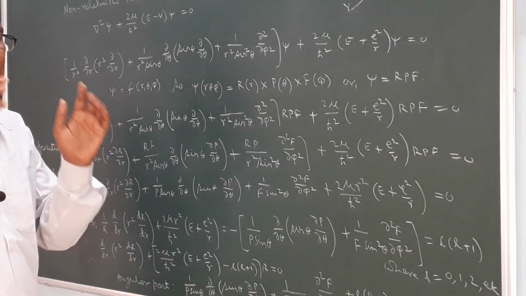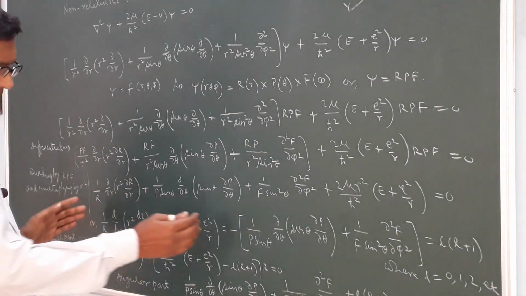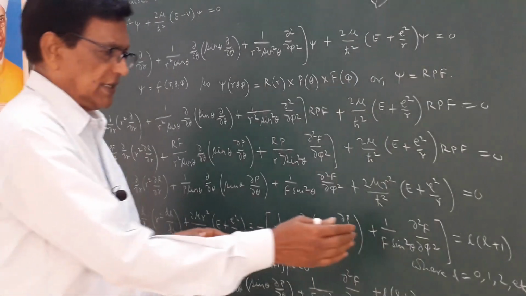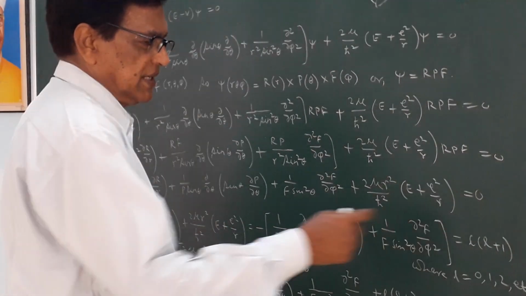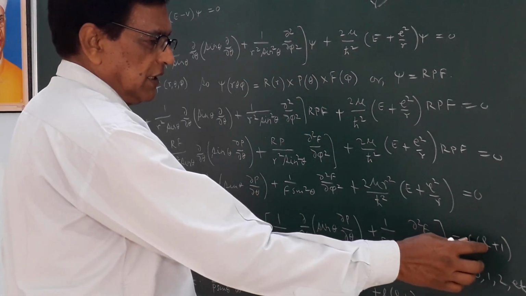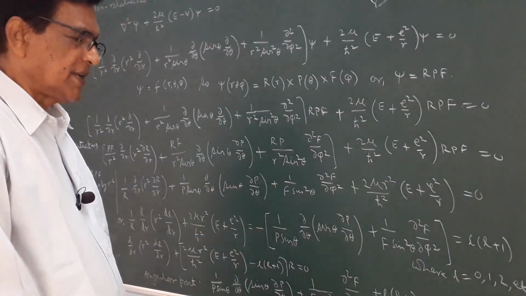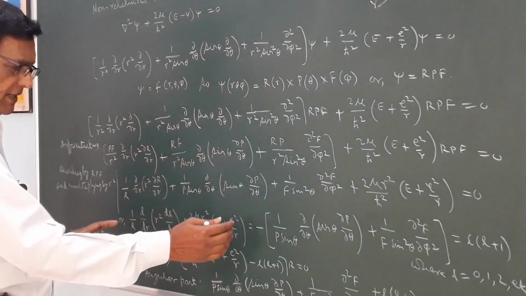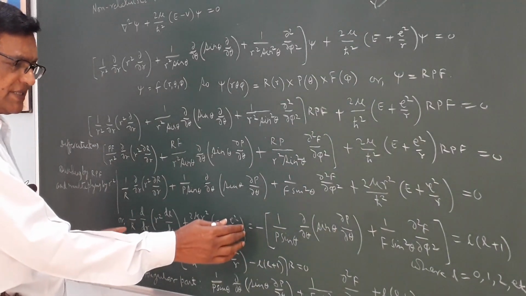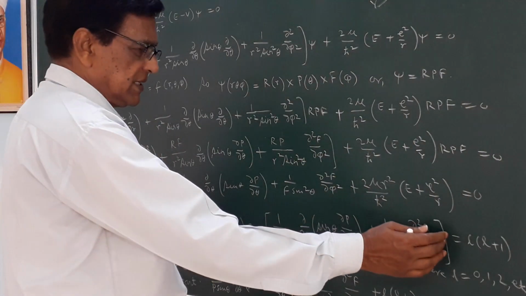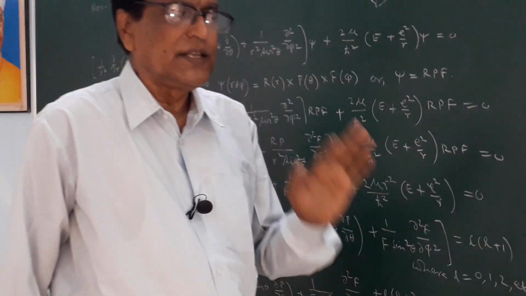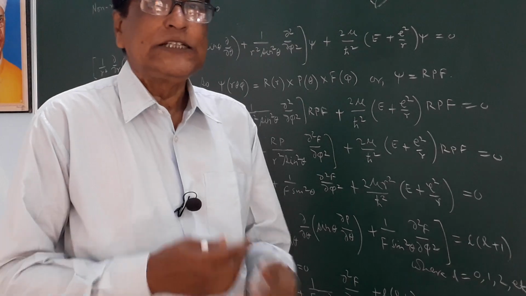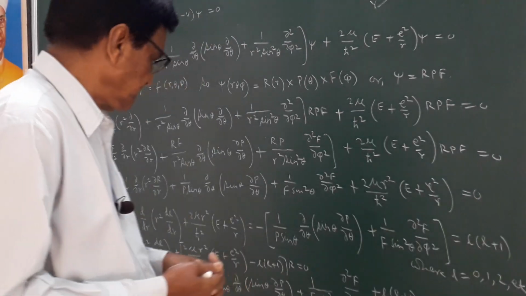This is possible mathematically only when each side of this equation is a constant, and this constant is L into L plus 1, and L is a number. You can see this left-hand side is dimensionless, the right-hand side is also dimensionless, so this term is also dimensionless. L is only a number, and this is called the azimuthal quantum number.